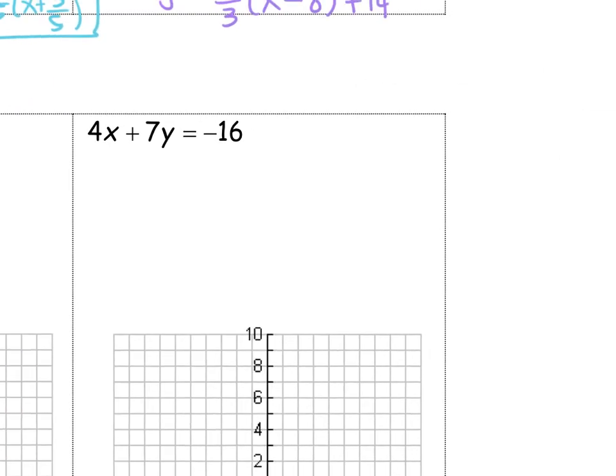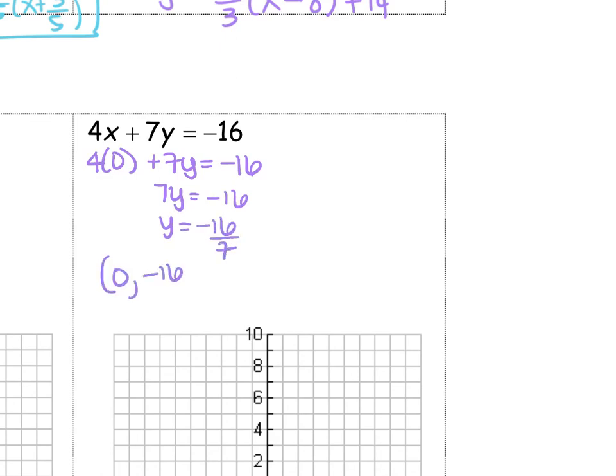The last one is in standard form. If you plug in 0 for x, you're going to get 7y equals -16. y equals -16 over 7. So when x is 0, y is -16 over 7. That's the y-intercept.